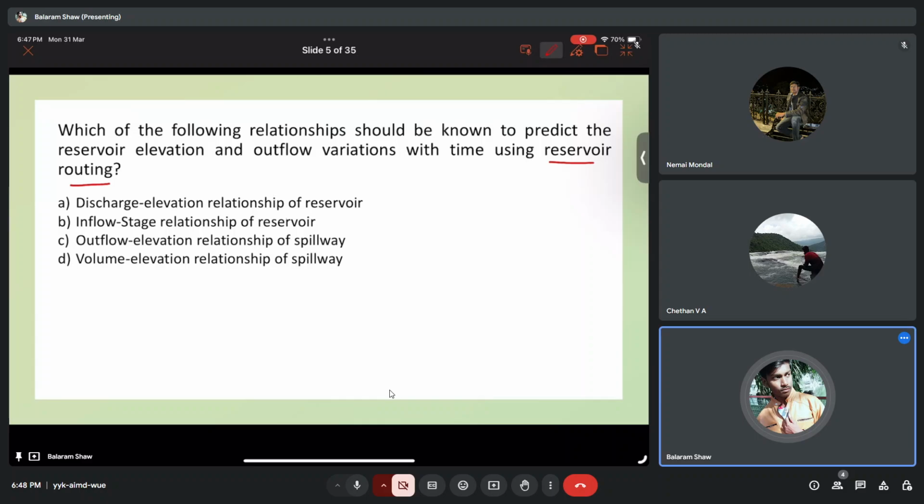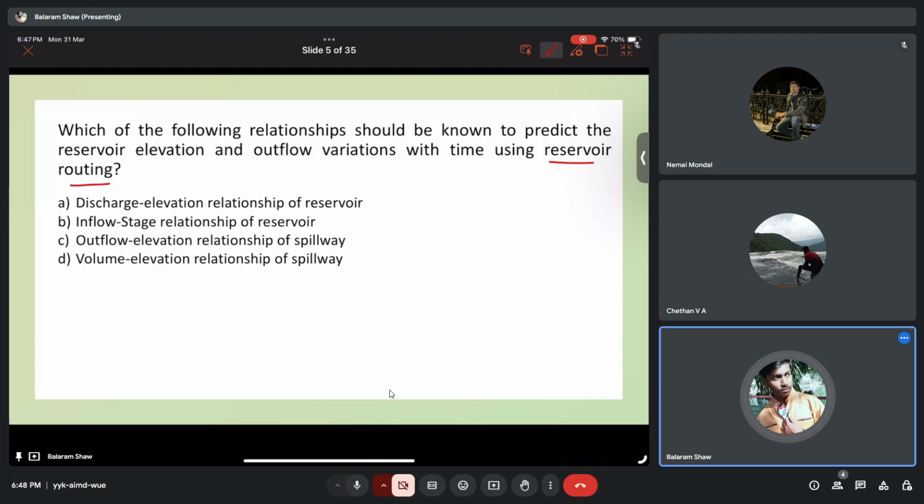We need the storage elevation curve or storage elevation relationship, right? Next, we need the outflow elevation curve, right? So what we need is the outflow or discharge versus elevation relationship.